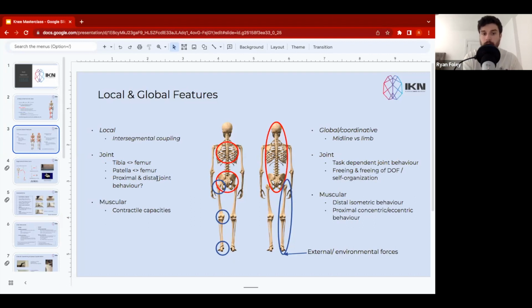But we're also looking at the local interactions, proximal and distal as well, because let's say, for example, you have a client that comes to see you with a current experience of anterior knee pain, and there wasn't any clear mechanism of injury, but the year prior they had an ankle sprain, and they may have a limitation in joint segmental behavior locally around the ankle.